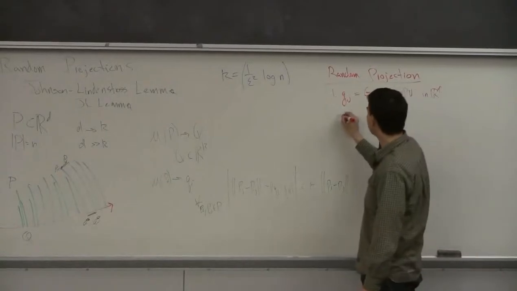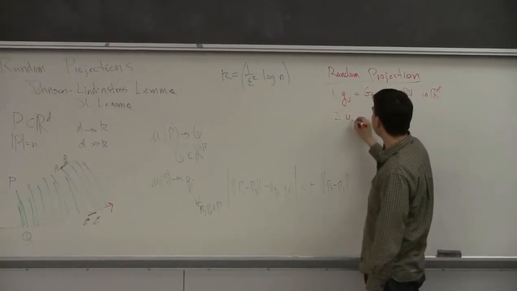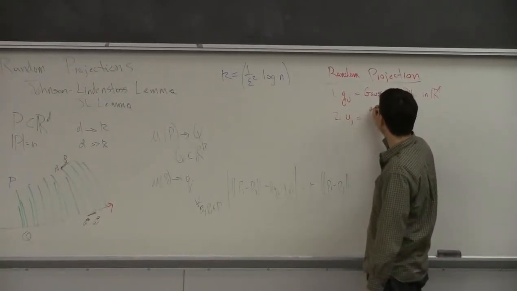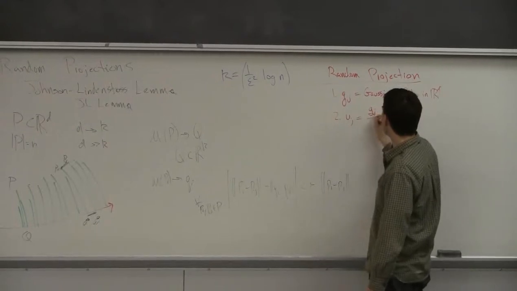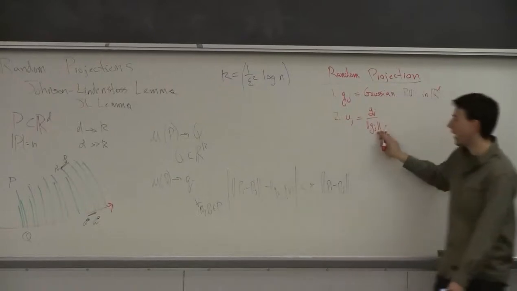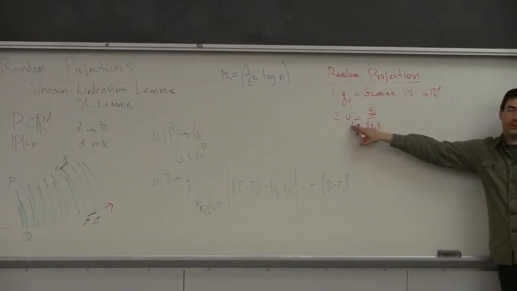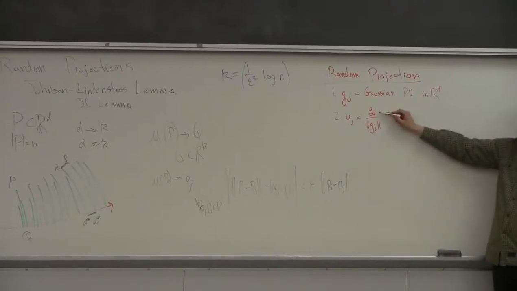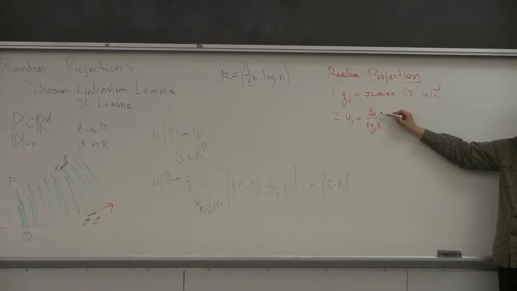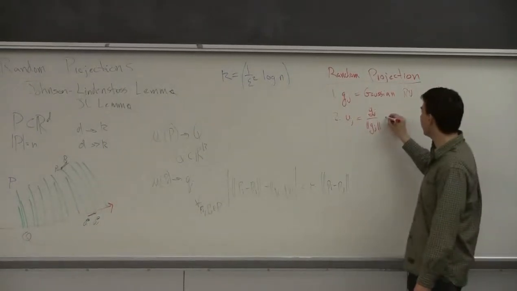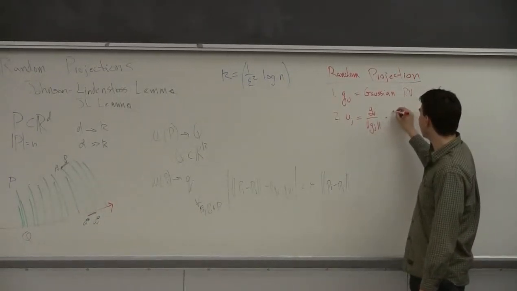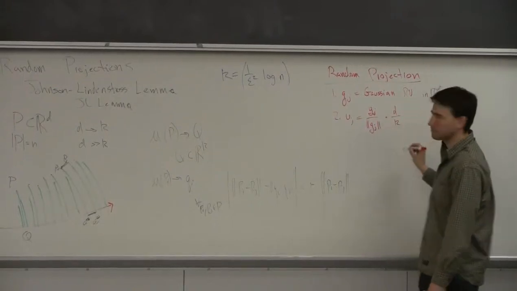And then you're going to write Uj is going to be Gj over the norm of Gj. This makes the length of Uj one, in the same direction as Gj. And actually, I'm going to want to multiply this by the square root of d over k.